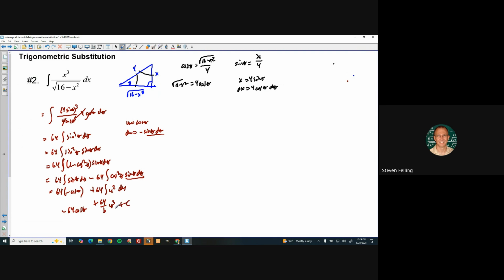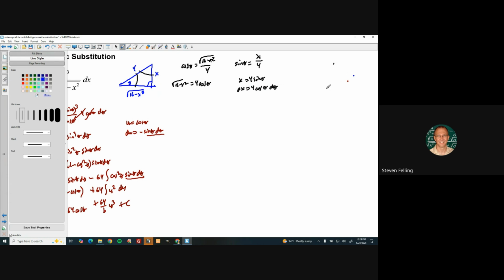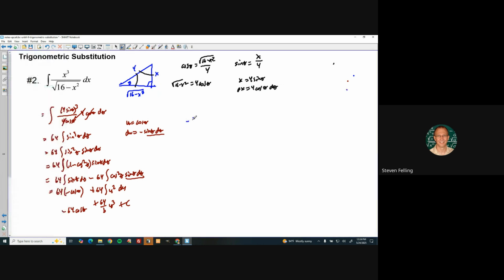plus the c. And then I'm going to substitute. So I've got a negative 64 cosine of theta plus 64 over 3, and then cosine is near here, so it would be cosine cubed theta plus c. Then to get rid of the cosines, I use this to substitute them out.